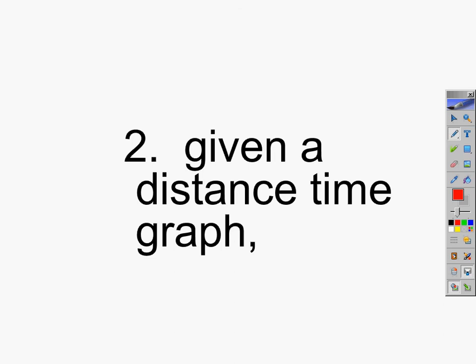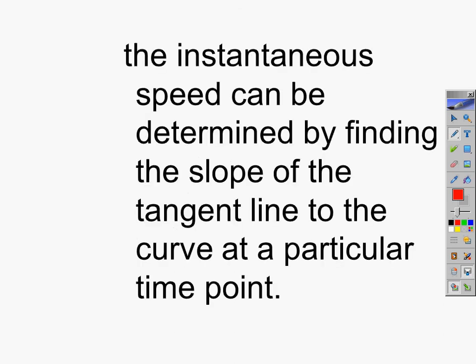All right, so the second way to calculate the instantaneous speed is by graphing the distance-time data and then drawing what is known as the tangent line. And then the slope of the tangent line turns out to be exactly equal to the speed of the object at that instant.